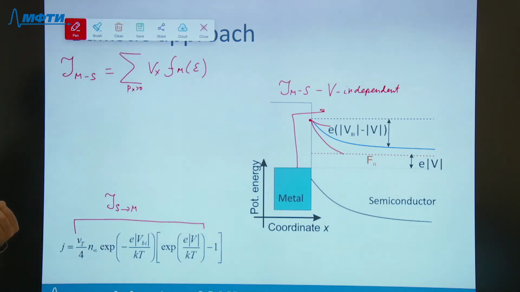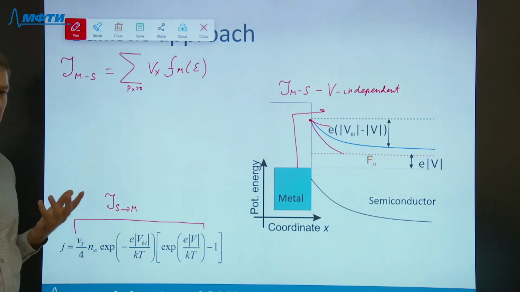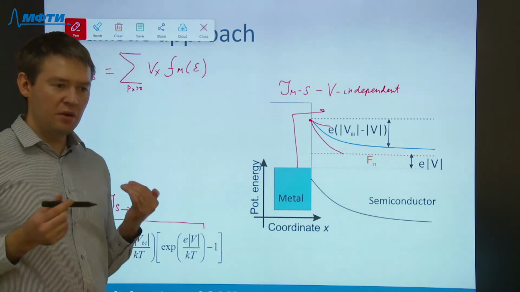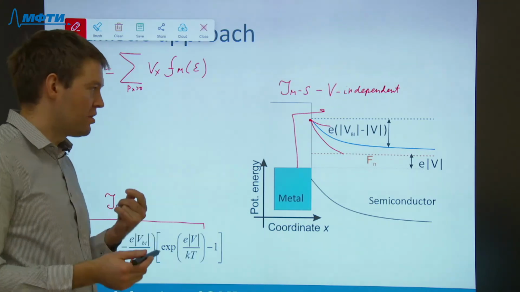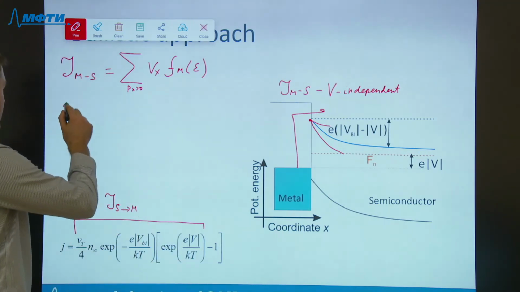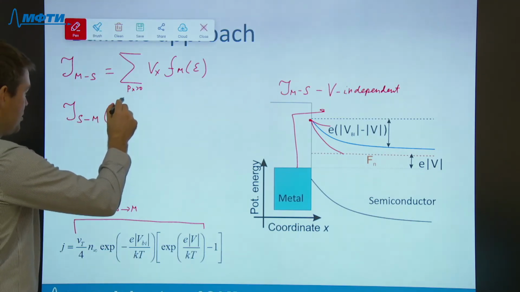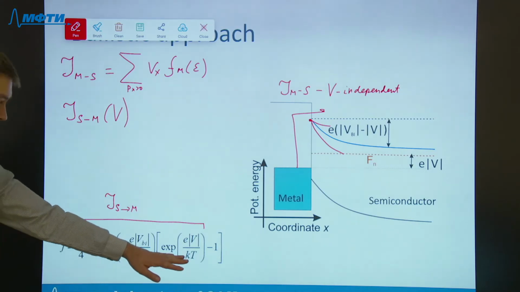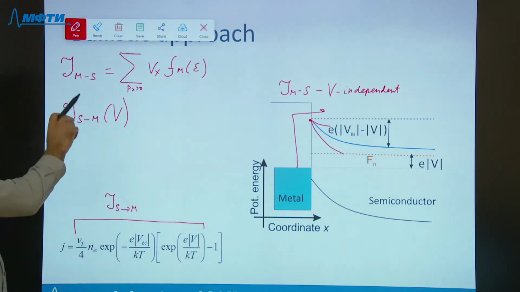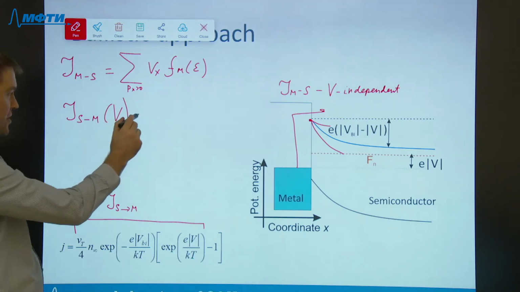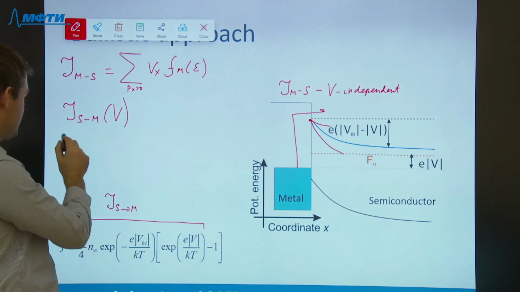So we can find this voltage independent constant from the requirement that in equilibrium we should have zero flux. We have found the flux from semiconductor to metal as a function of V. This is an exponential function. And the current from metal to semiconductor should be equal to the reverse current at V equal to 0.